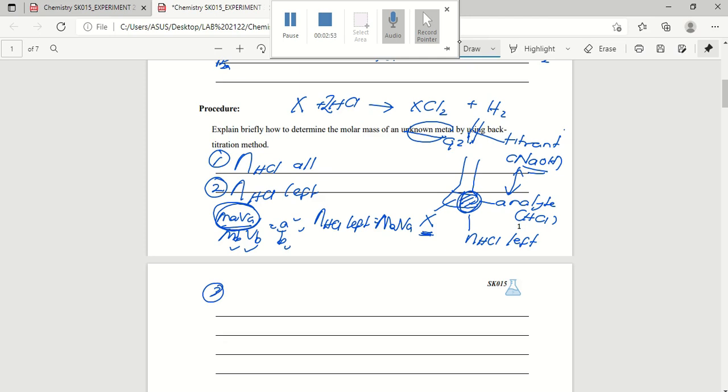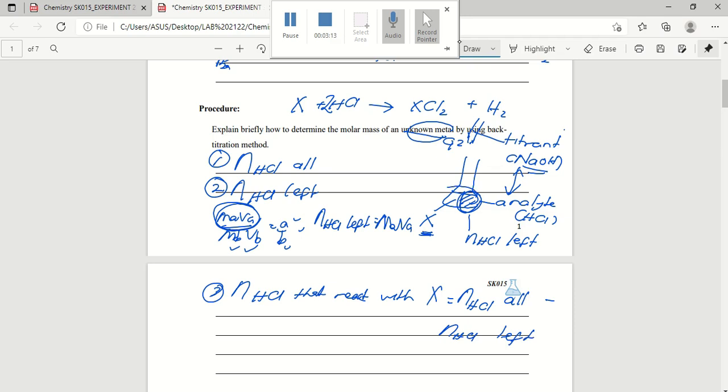Okay, and then after that we can calculate the number of mole of HCl that react with X by taking mole HCl all minus mole HCl left.